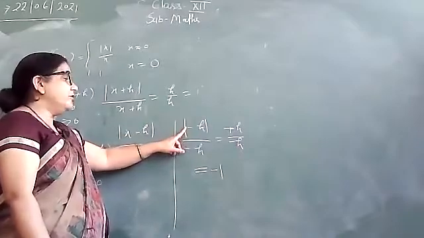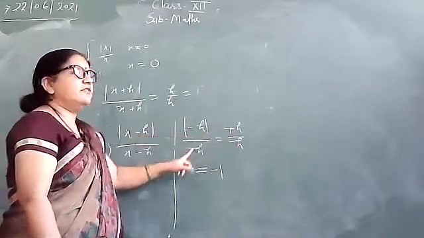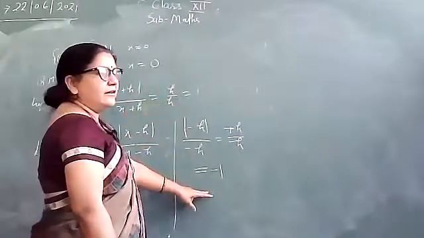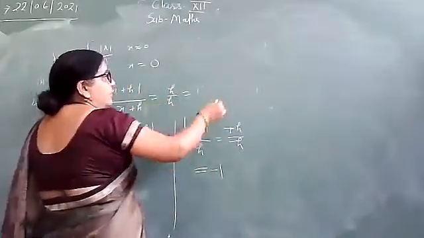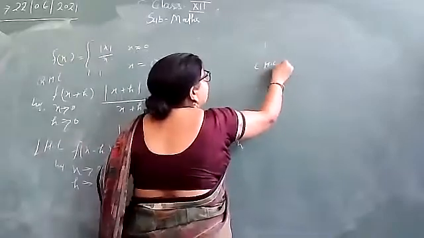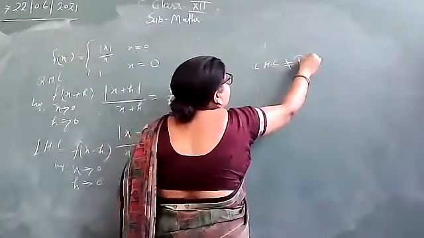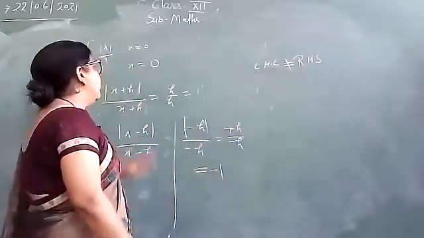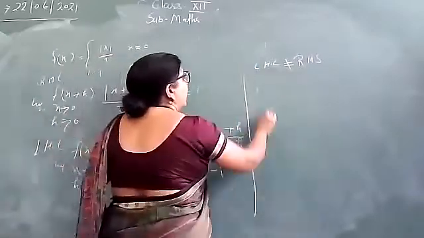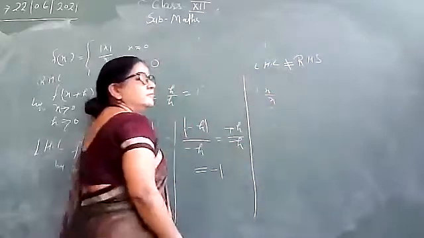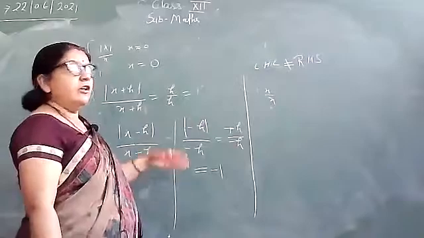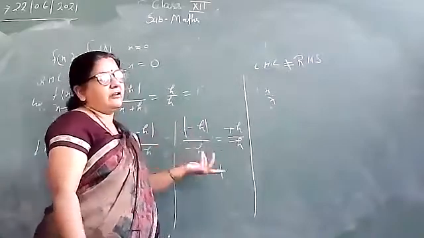If here is a mod, that means this is a plus and this is a minus, so they are not equal. This is 1 and this is minus 1. That means LHL does not equal RHL, so the function is discontinuous. If the question is x upon x, that means there is no mod, so the function is continuous. Here is a mod, that means the function is discontinuous.